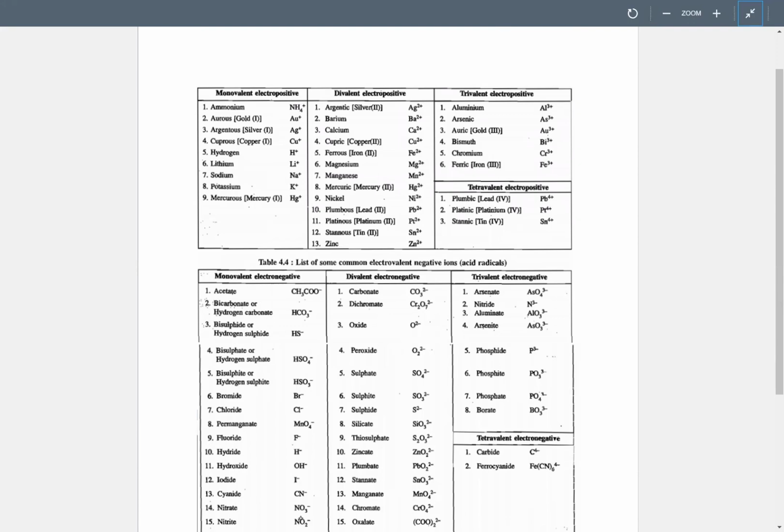So anyway, aluminum is a +3 ion. If you want, you can just label these things +1, +2, +3 instead of monovalent electropositive, because those are way fancier than what we need. But it also shows you a lot of the different D and F block elements and how they have multiple charges.